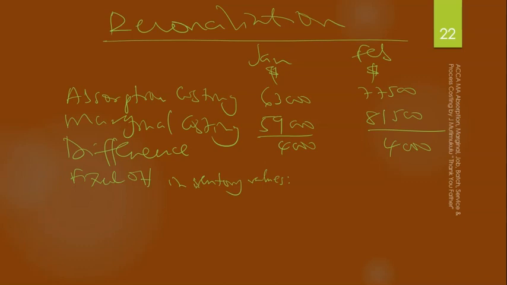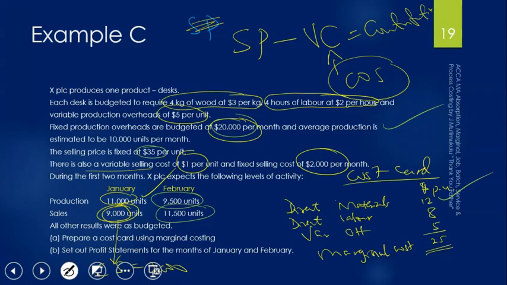So we had opening inventory in February. Of course, in January there was zero, because we had no items of inventory brought forward from December. But in February we had opening inventory of 2,000 units, if you still remember, because we determined that there was closing stock of 2,000 in January.